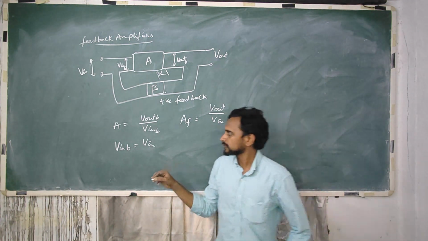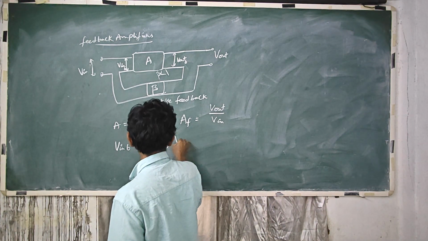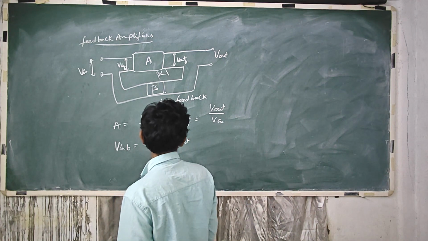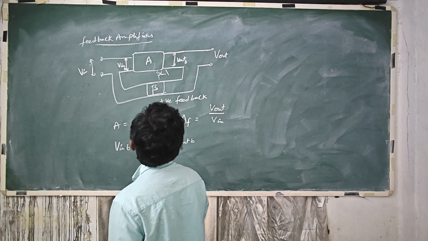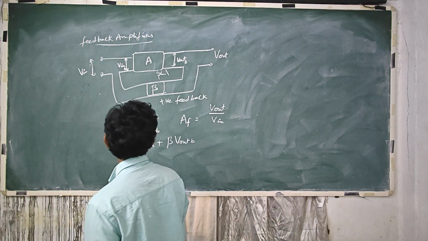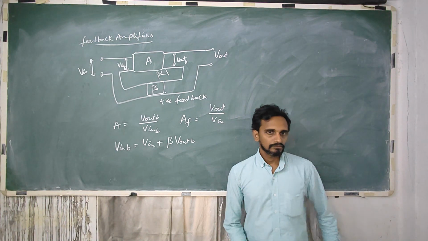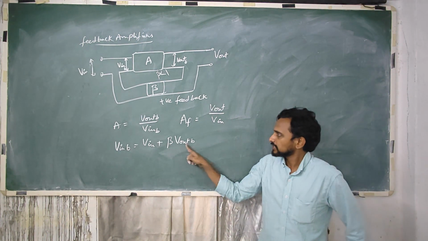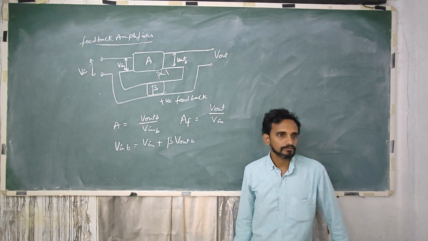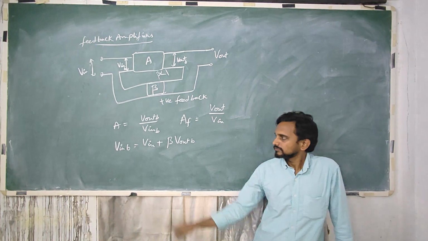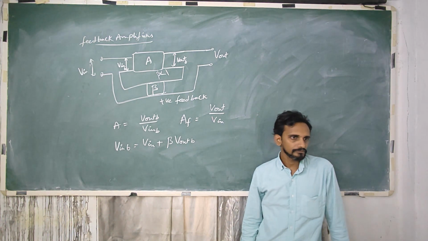I am giving a positive feedback, so V in B is equal to V in plus beta times V out B. So I am giving a fraction of the output of base amplifier to the input. This V in plus beta times V out B is my V in B.